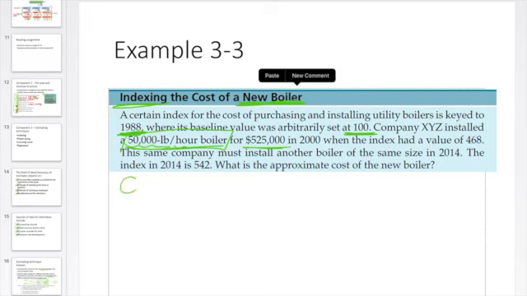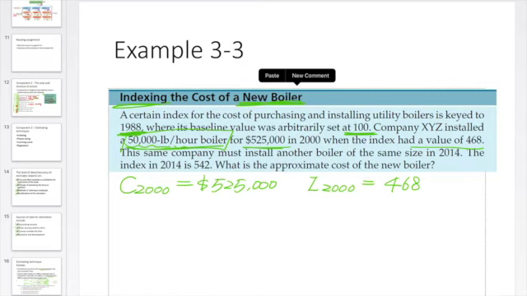So we know the cost in 2000 for this boiler is 525,000. And the index had a value of 468. So that's the index of which year? Of 2000, which is 468, right? That's given.